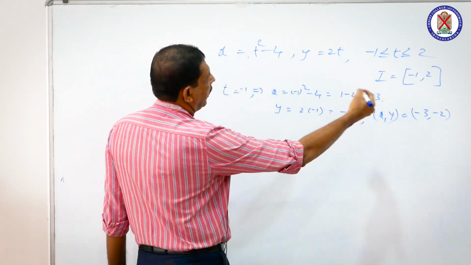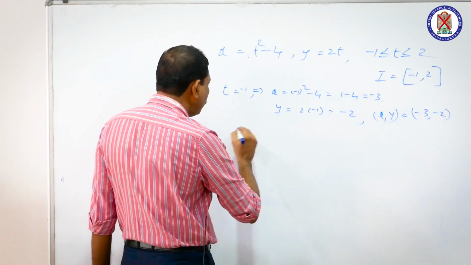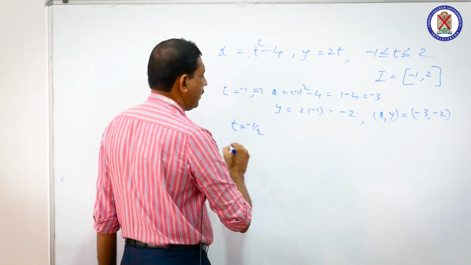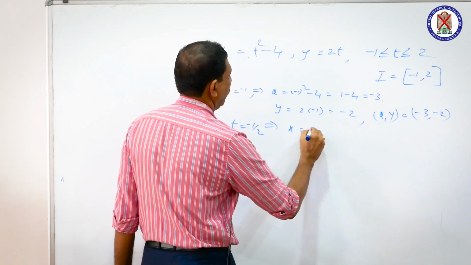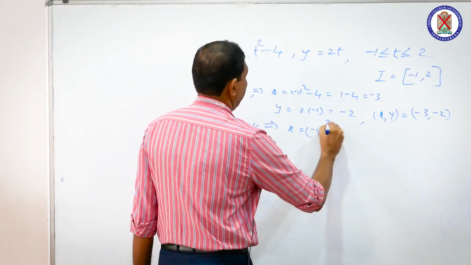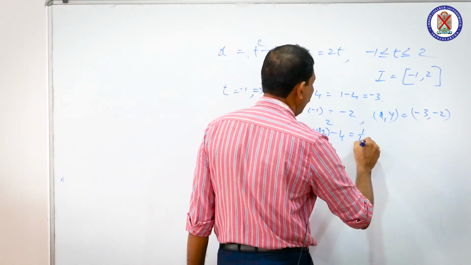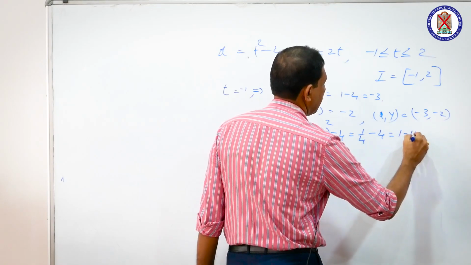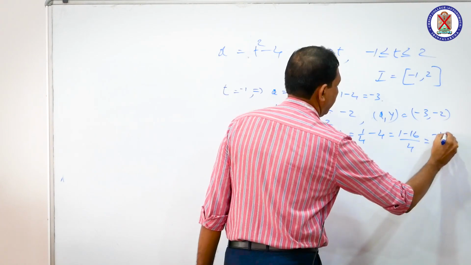Similarly, we will find another value, t equal to minus half. When we substitute t equal to minus half, it implies x is equal to minus half square minus 4, that is equal to 1 by 4 minus 4, that is equal to 1 minus 16 by 4, that is equal to minus 15 by 4.